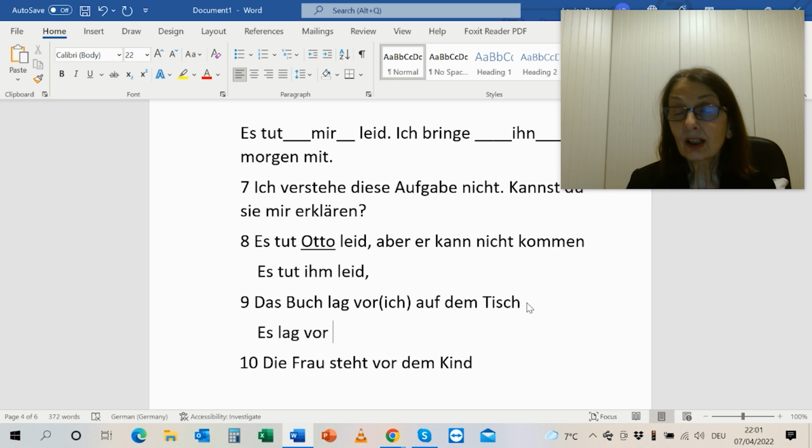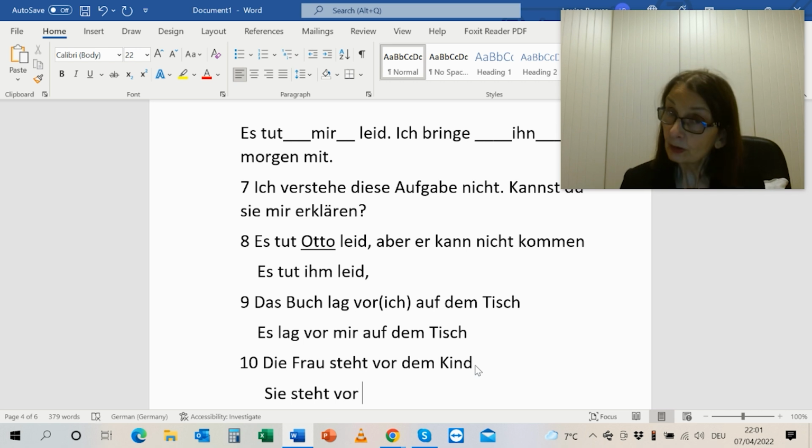Now, what's the dative case of ich, which is mir, auf dem Tisch? Now, this is really good fun. And then the last one, die Frau, which I replace by sie, steht vor. I've just explained that vor can take either accusative or dative, but when you're standing there, you're not moving. So vor dem Kind, I need a preposition with an M in it. So ihm. Lots of fun and lots of practice.